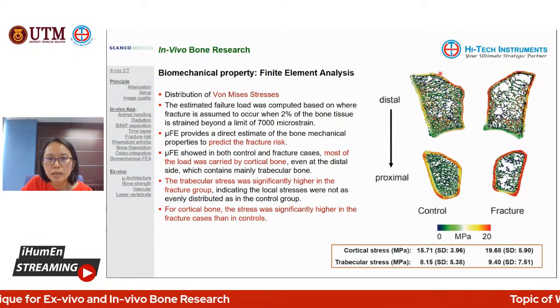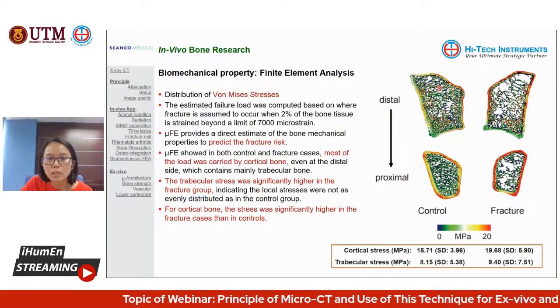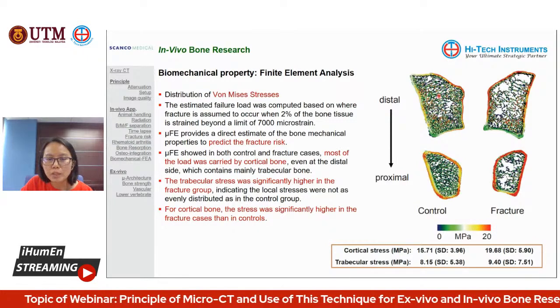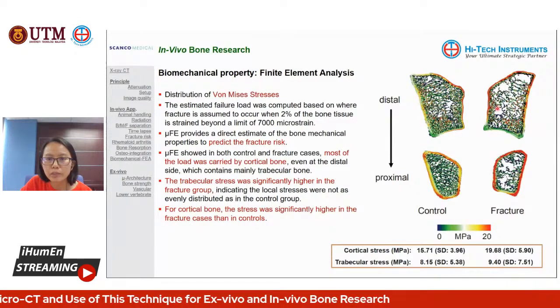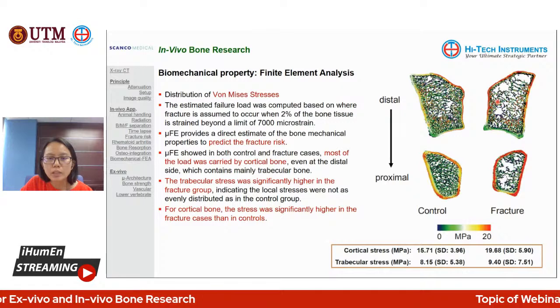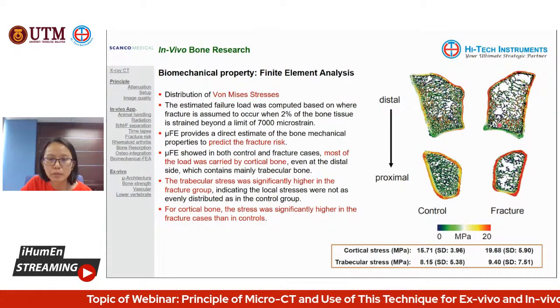As you can see here, the red color area is having a higher fracture risk compared to the green and the blue color. So interesting things that you can see from here is that the trabecular, even though in a high porosity sample, is actually having low fracture risk compared to the cortical, which means that the cortical will actually collapse before it comes to the trabecular area here.